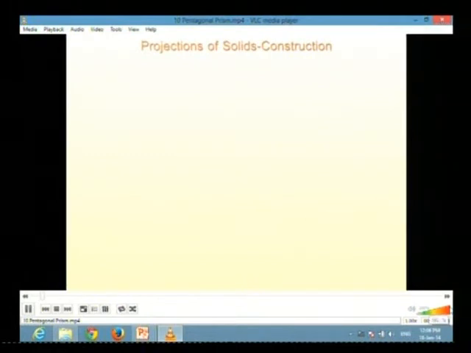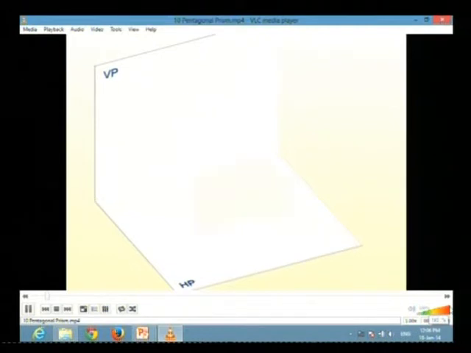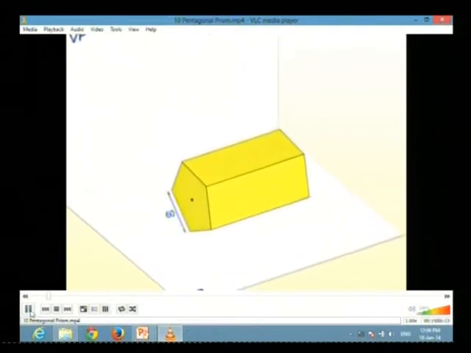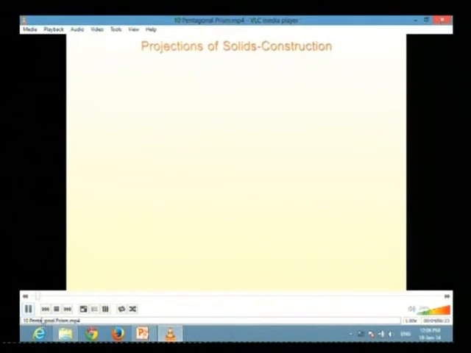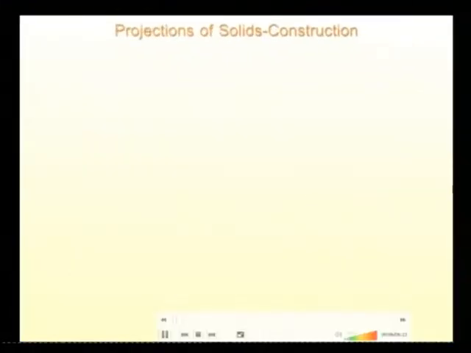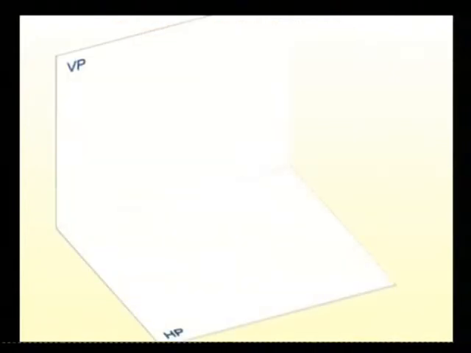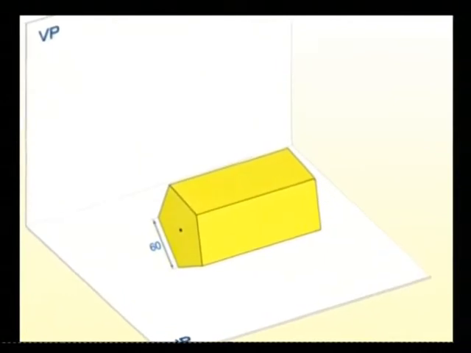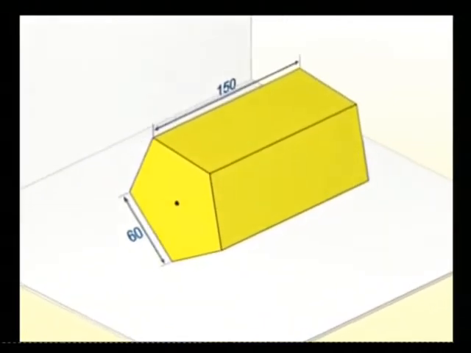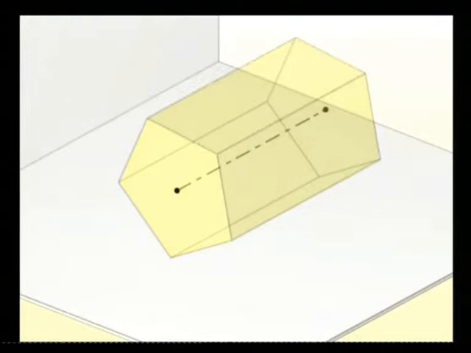Well, let's carry on the discussion of the projections of solids. We'll study the case in which a right pentagonal prism is resting on HP with its axis parallel to both HP and VP.